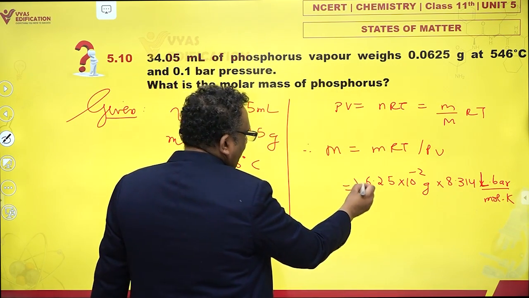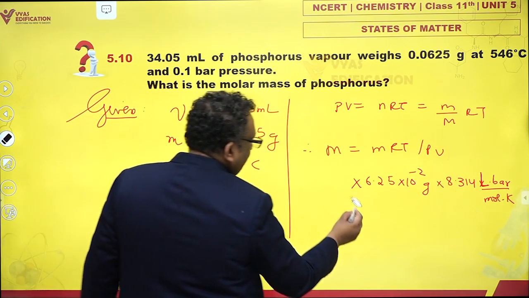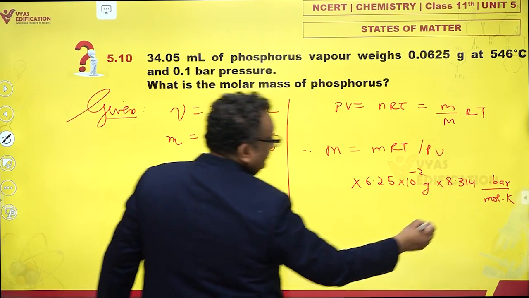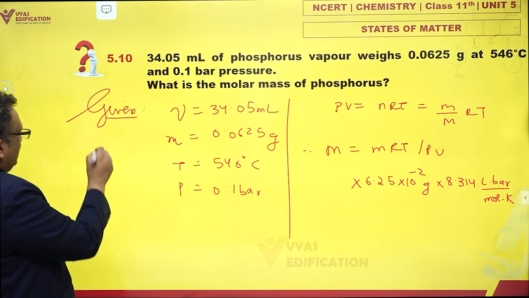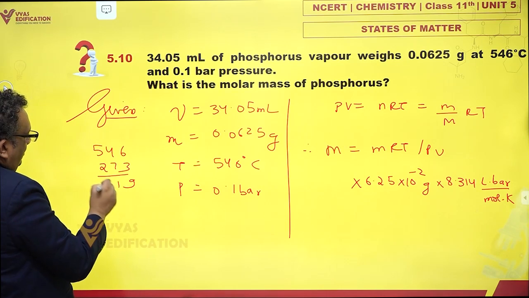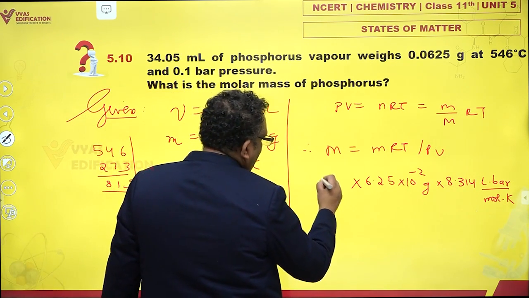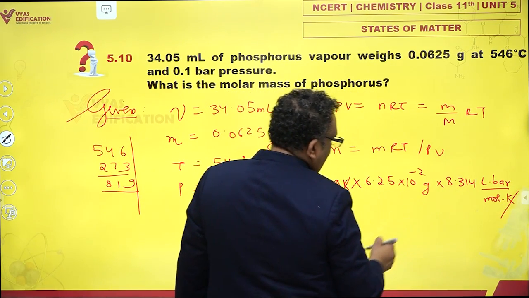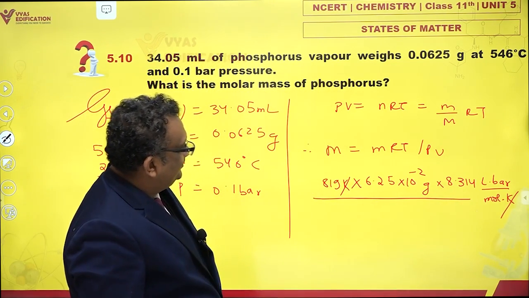And temperature, we don't have space there, so we will use the spacing on this side. Temperature is really ugly, 546 and 273, 819 Kelvin. Kelvin cancels and whatever, divided by PV.